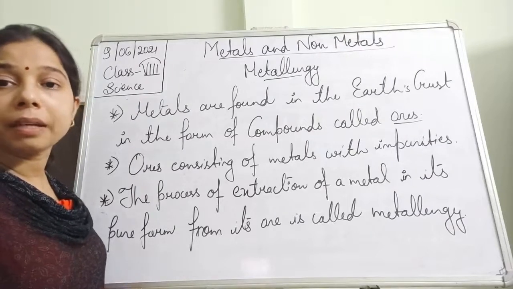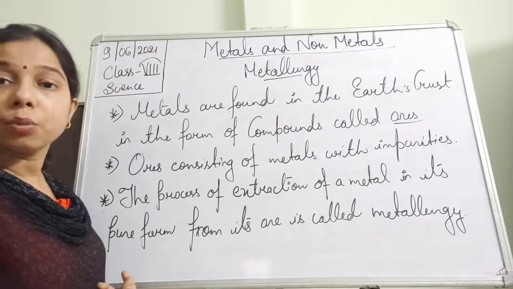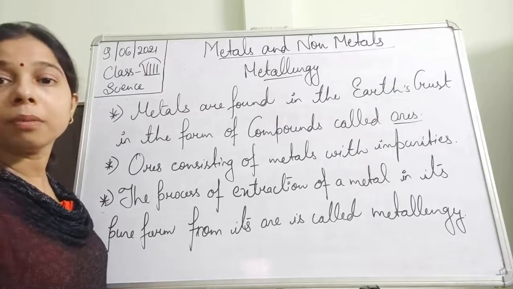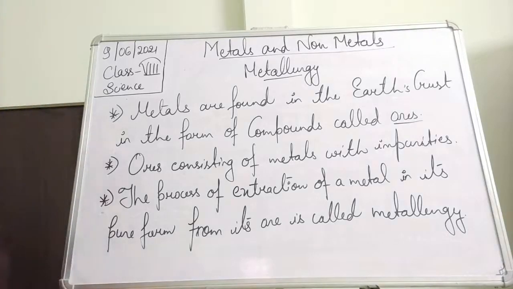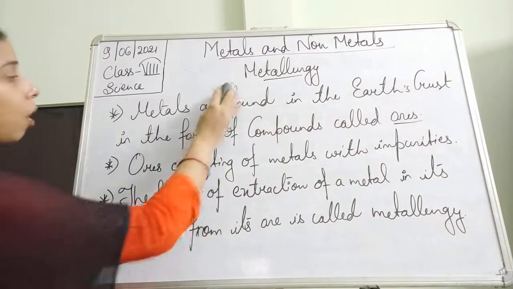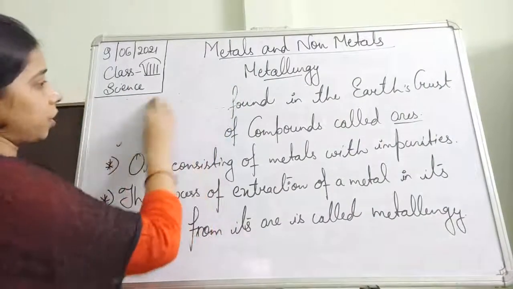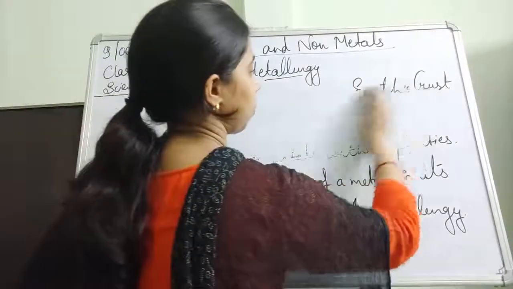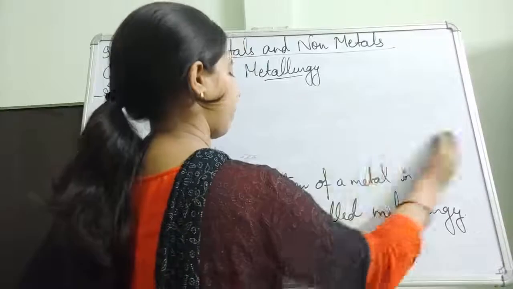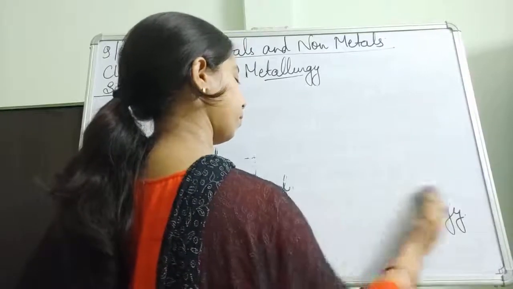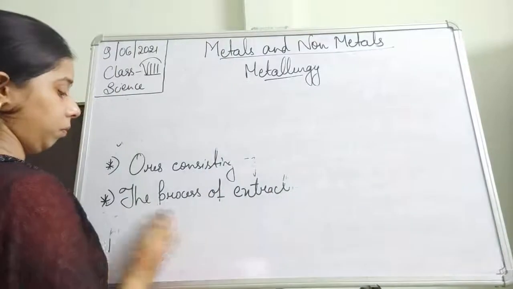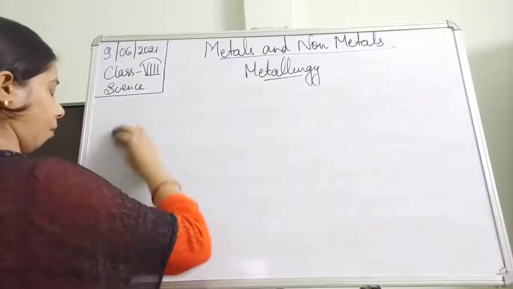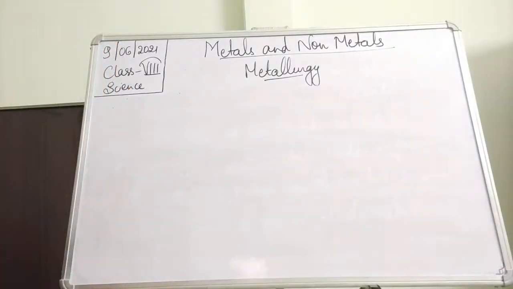Students, the process of metallurgy involves a few steps in which we remove the impurities from the metal. So let us write what the different steps involved in the process of metallurgy are.